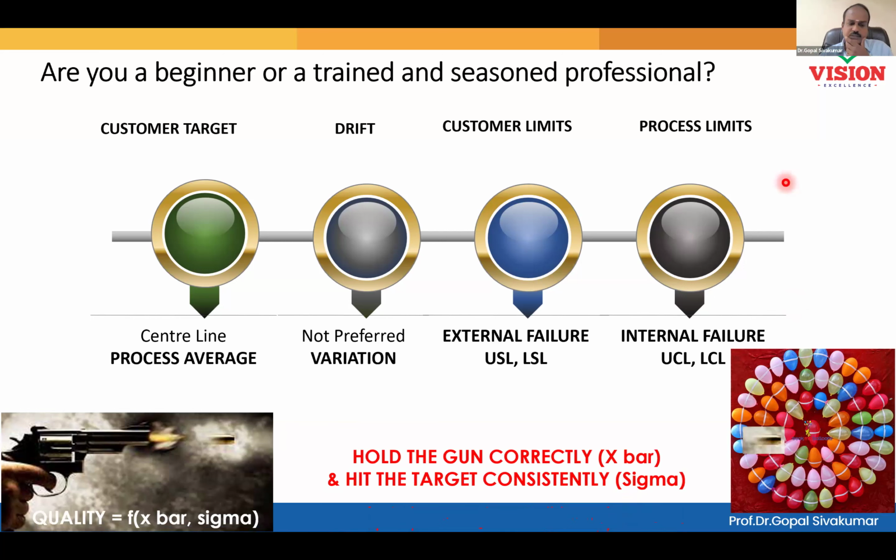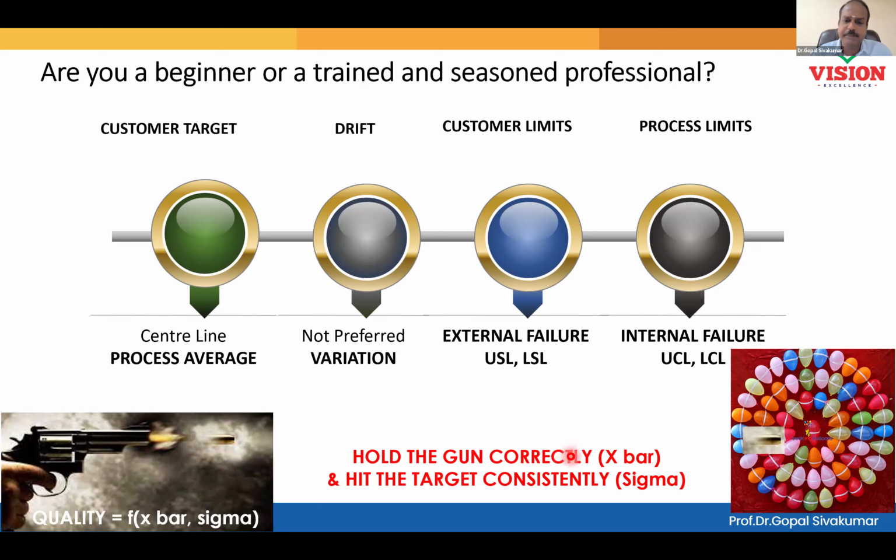So quality is a function of, see here, the statistical definition of quality. Quality is a function of process average and process standard deviation. Agreed? If process standard deviation is minimal and if the average is on the target, you end up producing world-class products. So the definition of world-class product means process average is on the target and standard deviation is minimal.